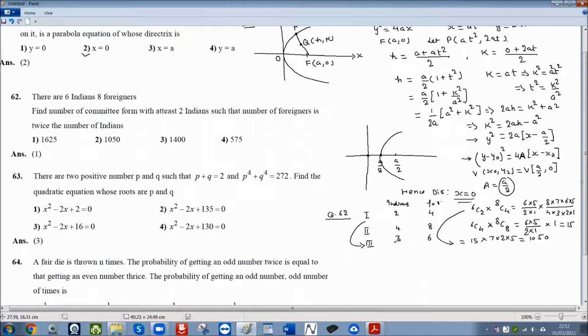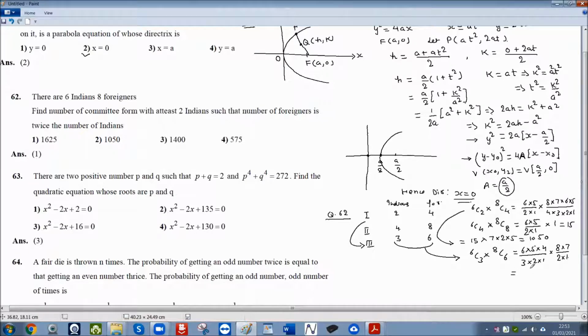So for this third case, we can have 6C3 into 8C6 number of committees. So 6C3 will be 6, 5, 4, 3, 2, 1, 8, 7, and 2, 1.